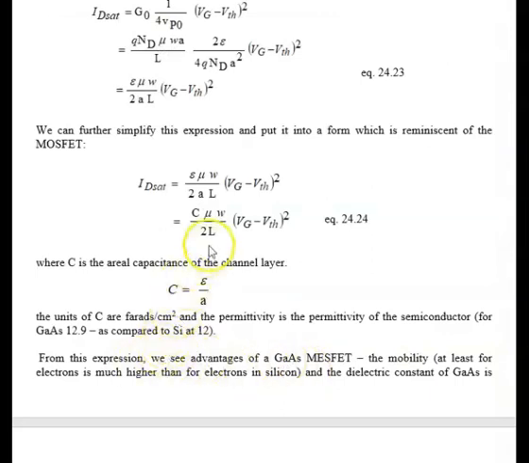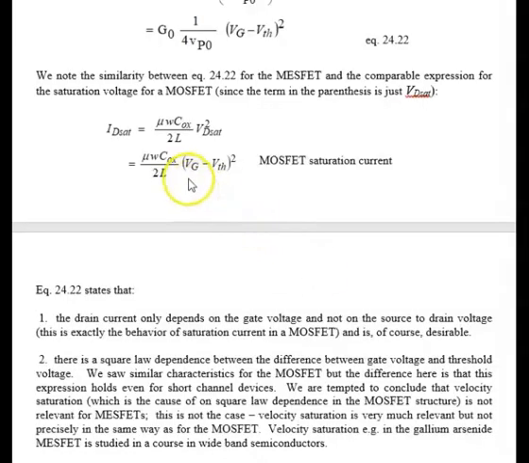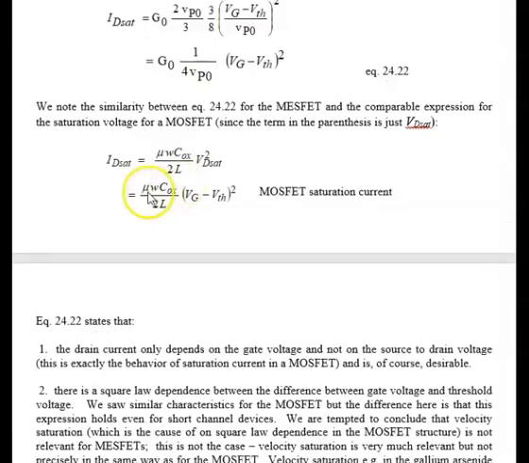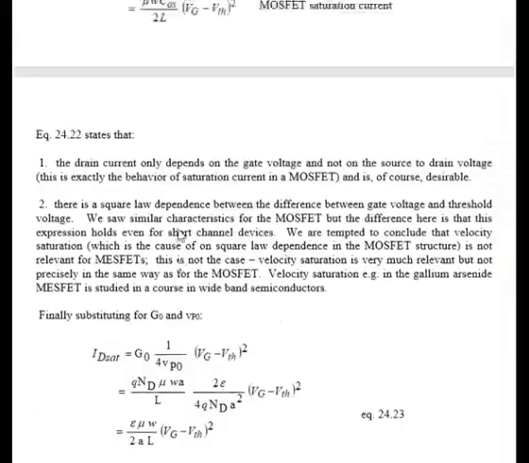And now we get something which is precisely like the MOSFET: mu W over L, some capacitance divided by 2, and the only difference is the capacitance. The capacitance of the depletion region of the MOSFET is extremely... No, I'm sorry. This is not the depletion region. Sorry, this is C-ox.